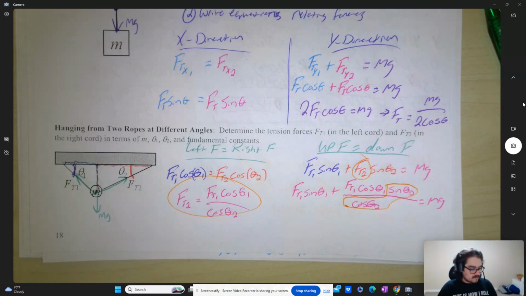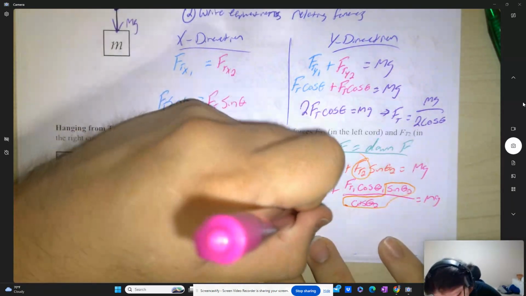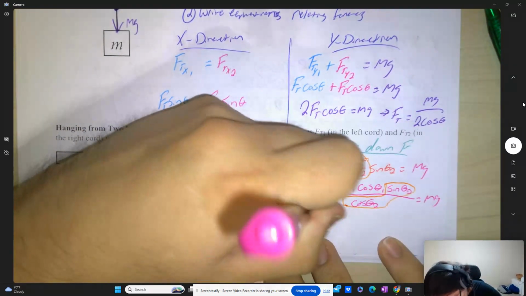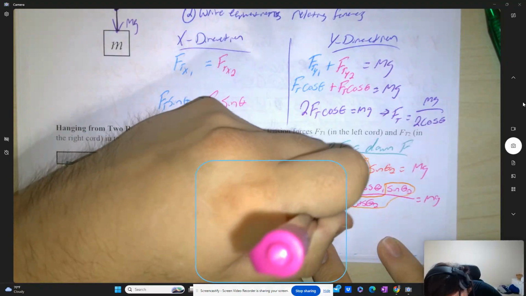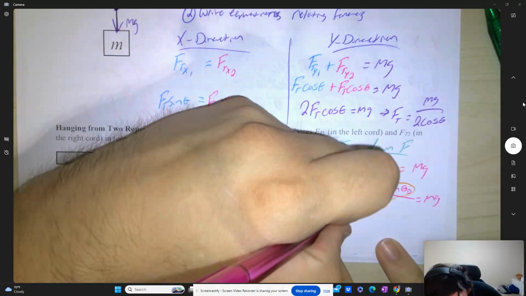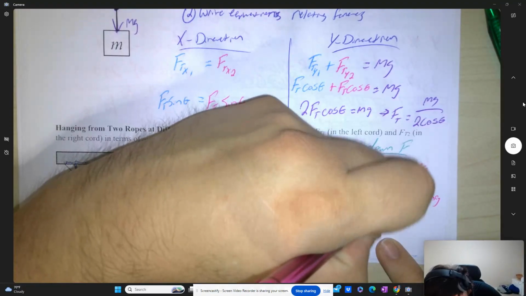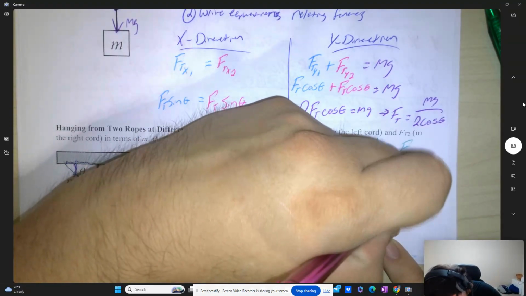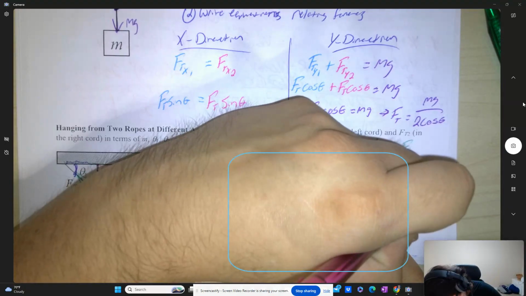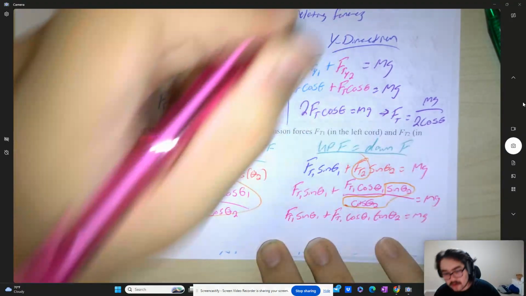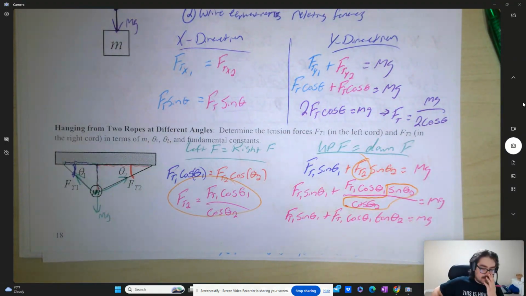So we can make this a little bit easier by writing this as ft1 sine theta 1 plus ft1 cosine theta 1 tangent theta 2 equals mg. Oh my gosh, and it's still a nightmare. It's still terrible to deal with. I still don't like it at all.